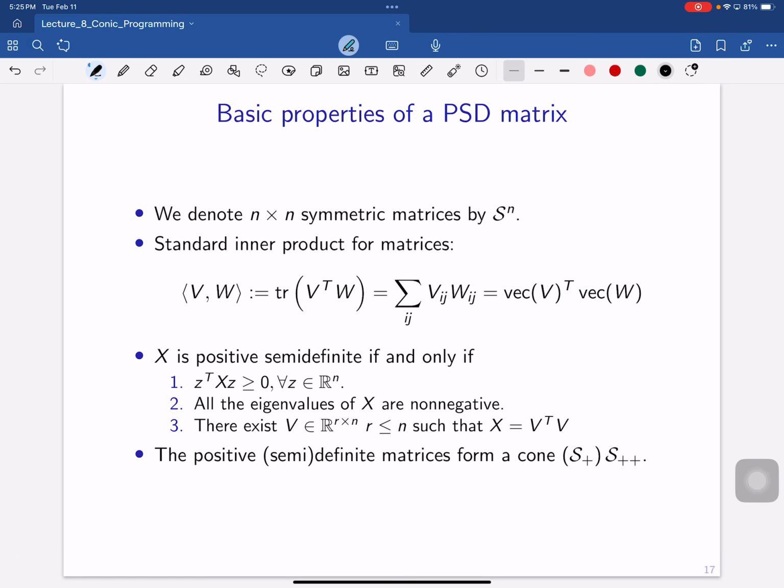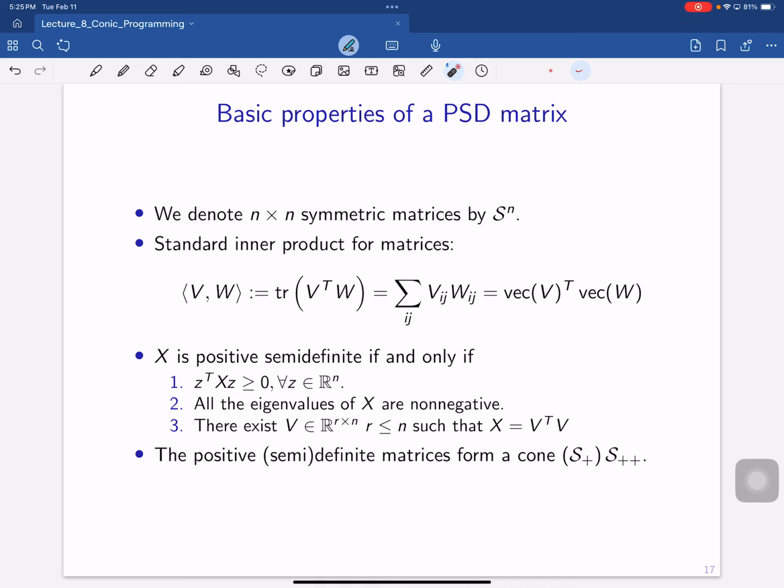Okay. So now let's review some properties of PSD matrices before we talk about semi-definite programs, because you do need to know those properties in order to understand them better. Most of those facts I already covered in the review of linear algebra and calculus, but just to refresh your memory here. Let's denote the n by n symmetric matrices by S^n.